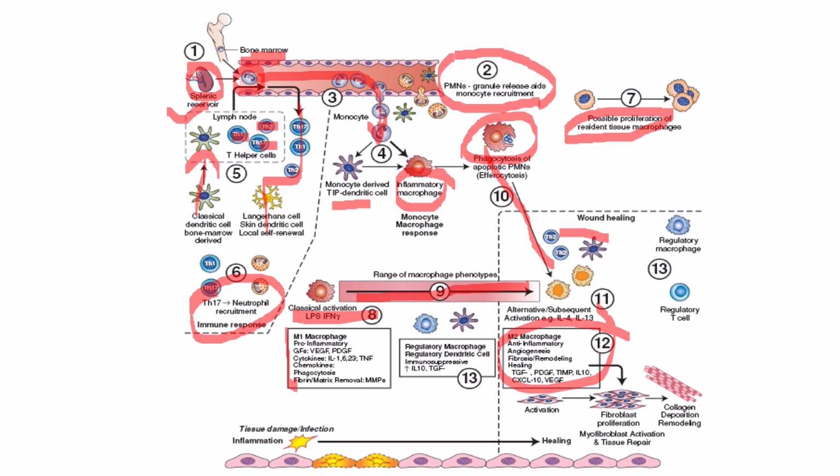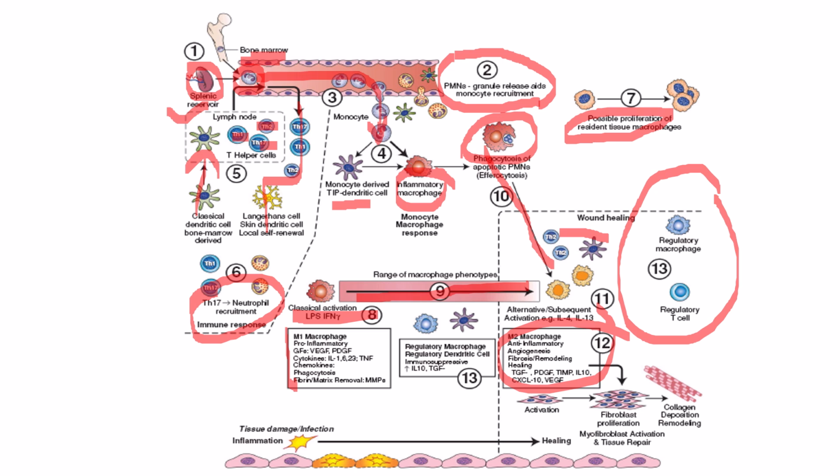And they promote not only the proliferation but also the transformation of the fibroblast into myofibroblast, and then collagen is deposited and a scar is formed. Regulatory macrophages and the T cells have also some role. The regulatory macrophages and T regulatory cells finalize the healing and suppress excessive inflammation.